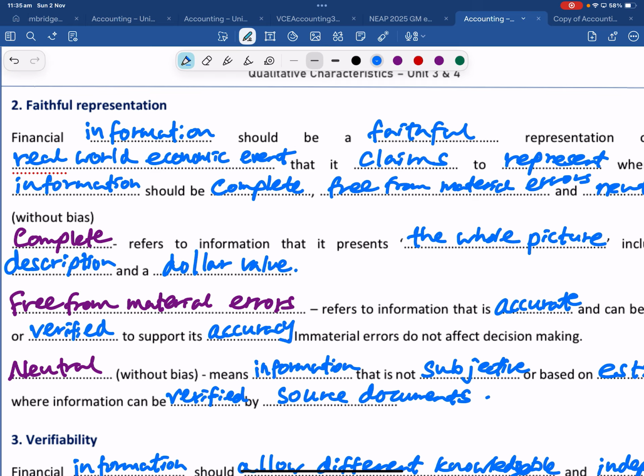No. So what is subjective to a person, right? Personal opinions are not important. Why? Because they can have mistakes, so they are not neutral. They are with bias. Why?